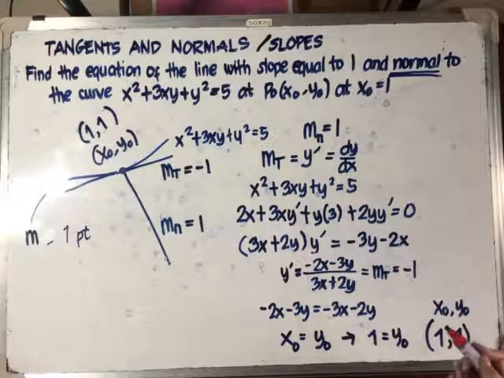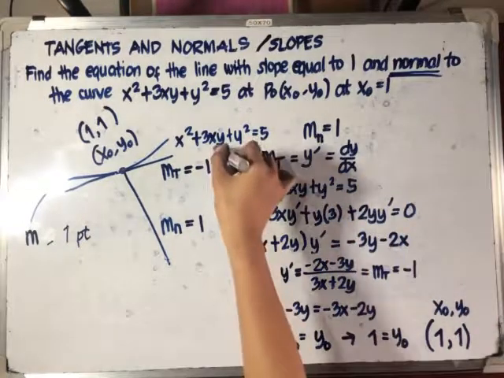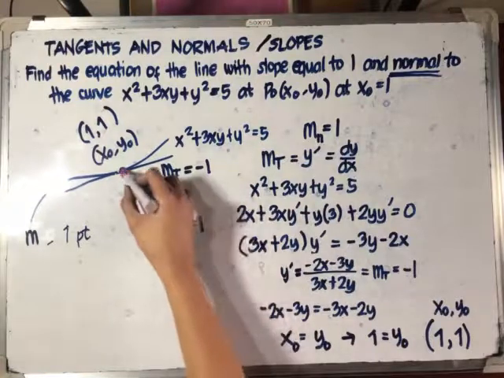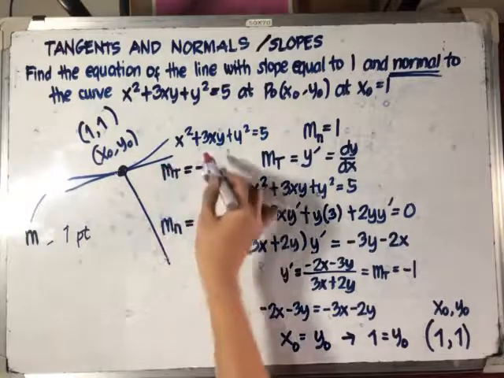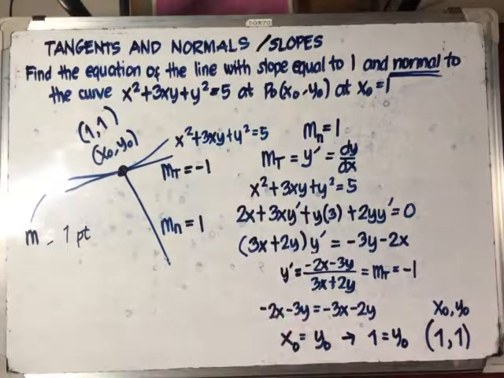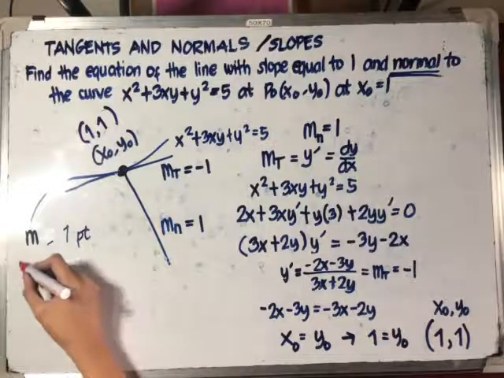Could I substitute the value of x sub o directly into the equation? Since x sub o is part of that equation, I can also compute y sub o using it, which is still correct.